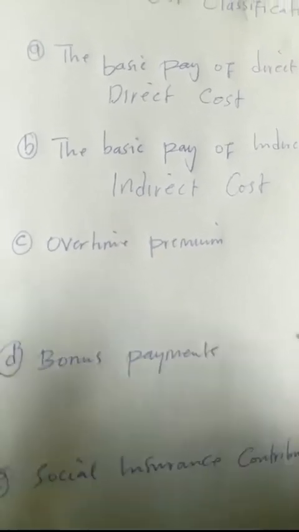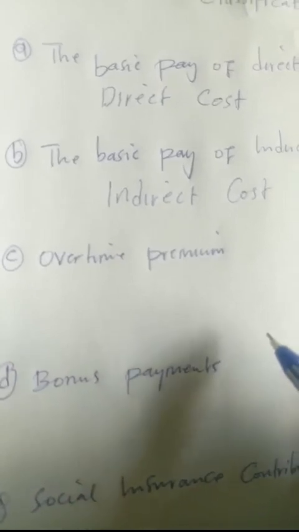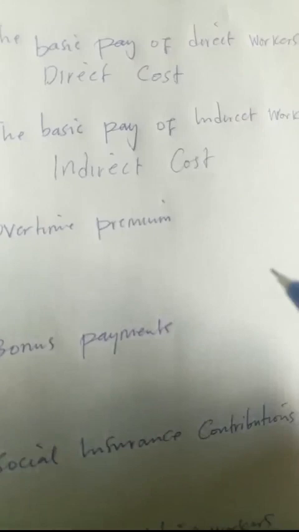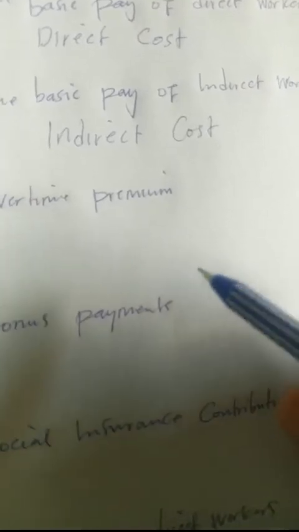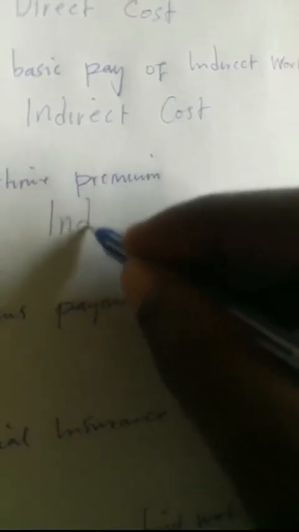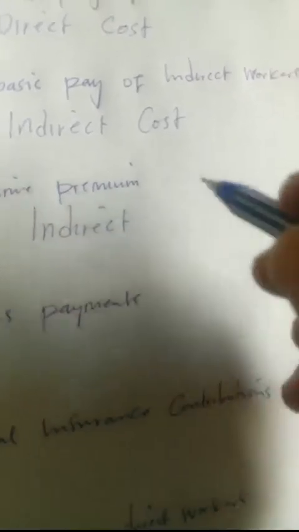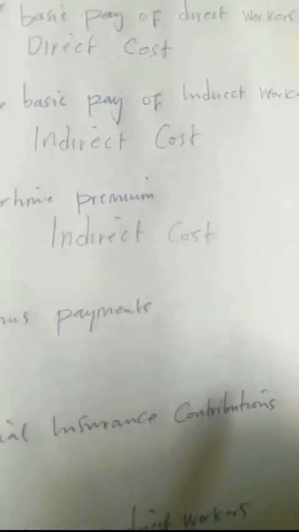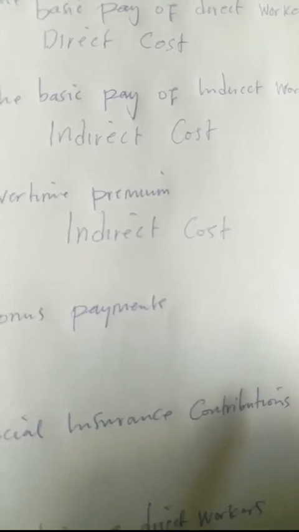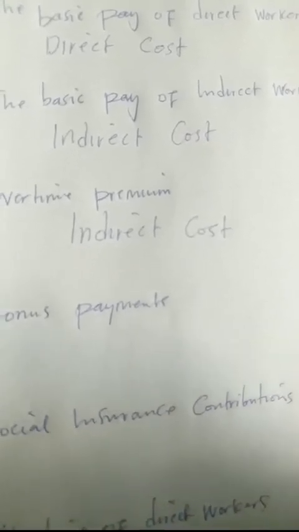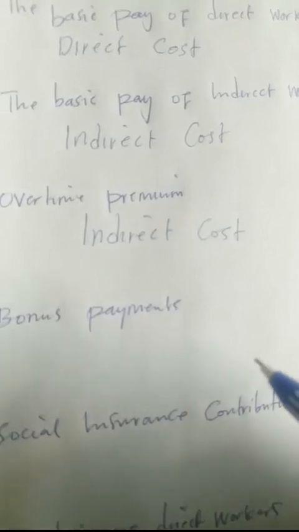Overtime premium. That's my number C. So overtime premium, either paid to direct workers or indirect workers, is an indirect cost, unless in instances where the owner of a product that you're manufacturing requests workers to work overtime.